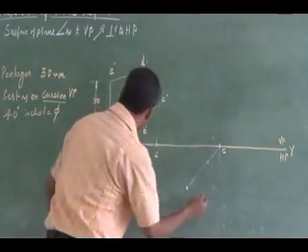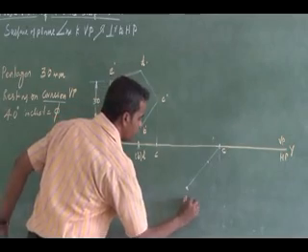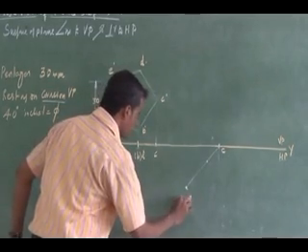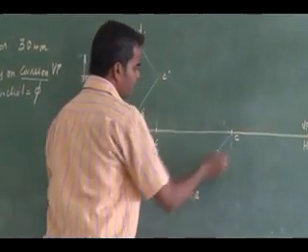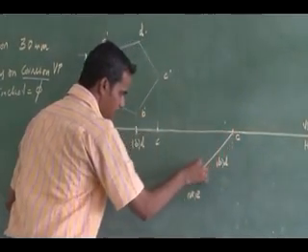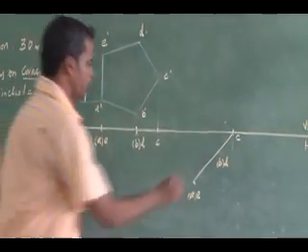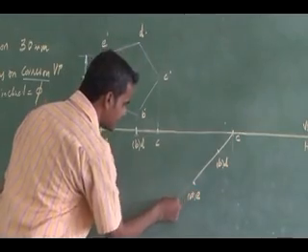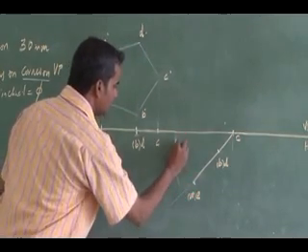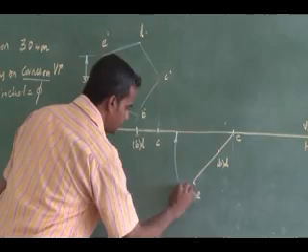So this is my A, E, this is B, D. This is going to be my final top view. This angle is inclined at 40 degrees.